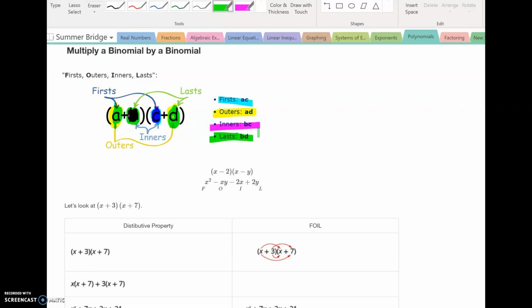Okay, and sorry, I kind of got a mix of colors, but there you have it. Pretty much the first two terms, the outer two terms, the inner two terms, and the last two terms.